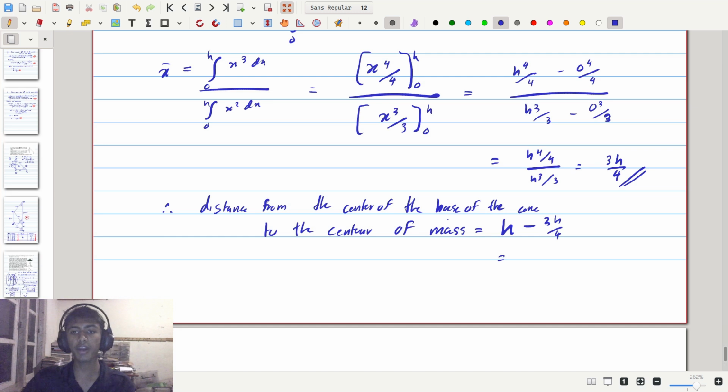And that's going to give us h over 4, which is the answer that we want. So the final answer we get is in fact h over 4. We can underline that, and now we've completed the very first part of the question.